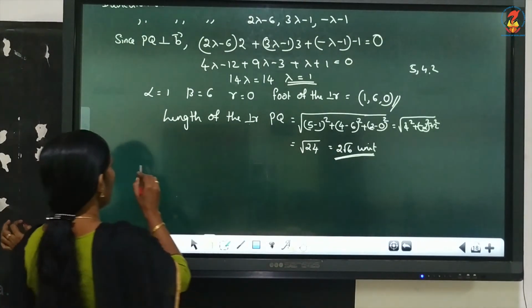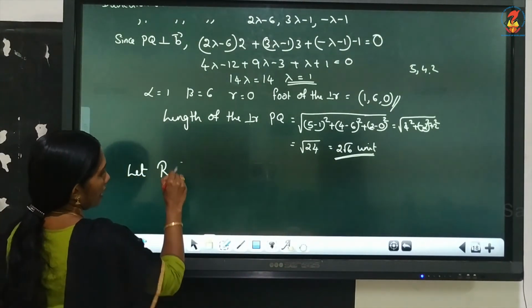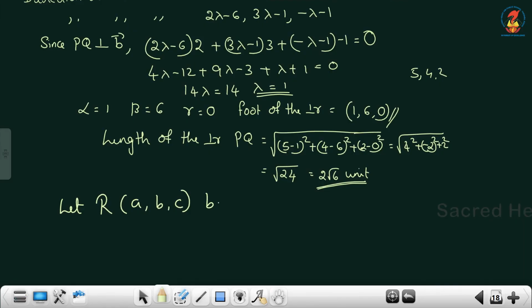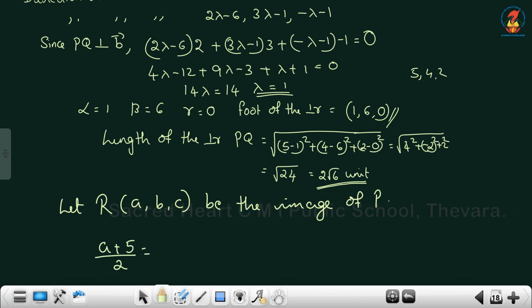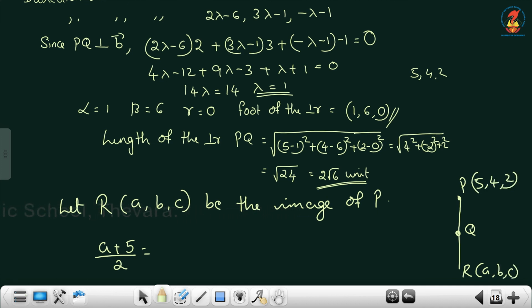So let R (a, b, c) be the image of P. P is 5, 4, 2 and the coordinates of Q are 1, 6, 0. Apply the midpoint formula.